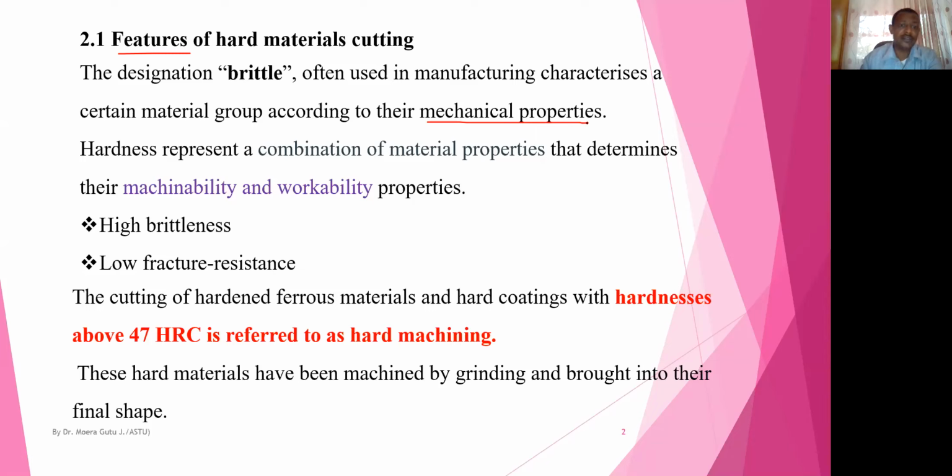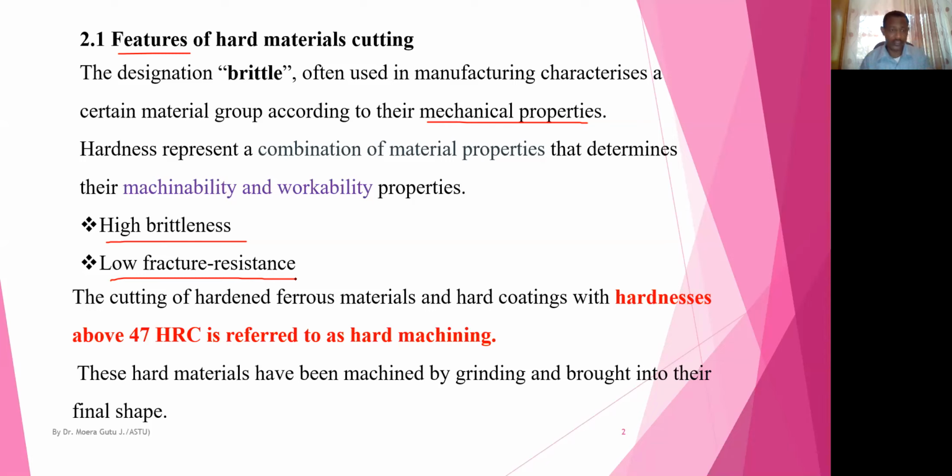The hardness represents a combination of material properties that determines their machinability and workability properties. So they have high brittleness and low fracture resistance, which means the hard materials can easily fracture. So machining the hard materials imposes a challenge on the cutting tool, as well as in getting a high surface finish during machining.